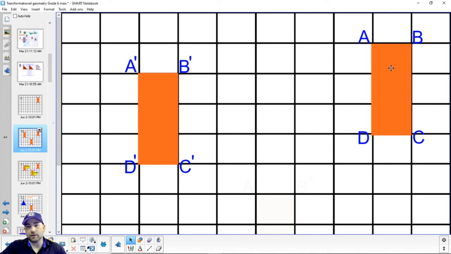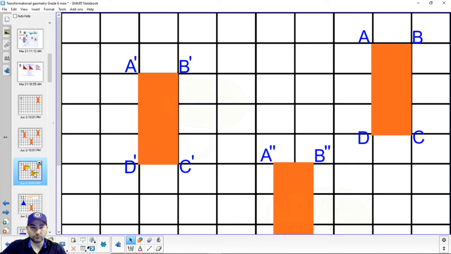So I would give the direction, translate rectangle ABCD 1, 2, 3, 4, 5, 6 spaces to the left and 1 space down. It becomes rectangle A1, B1, C1, and D1. That is a complete translation. And it shows the prime marks.